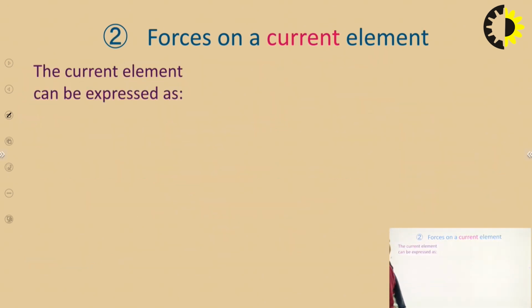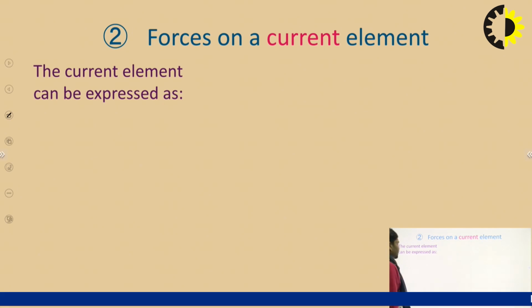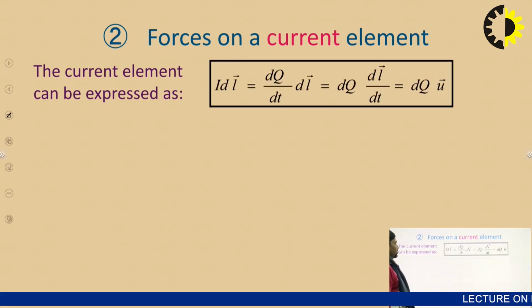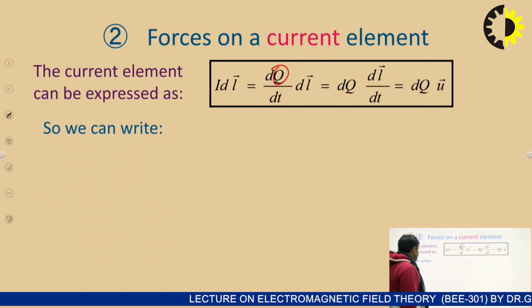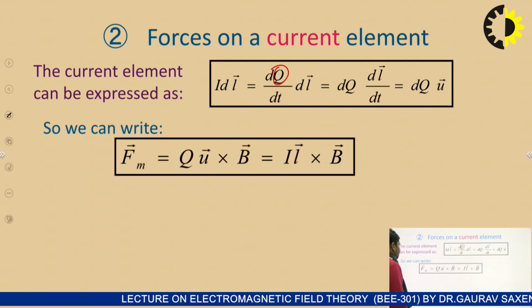So the next question is, what is the force on a current element? If we have an ideal current element and the charge q is here, what is the force?